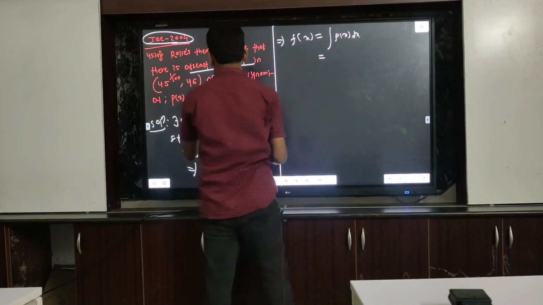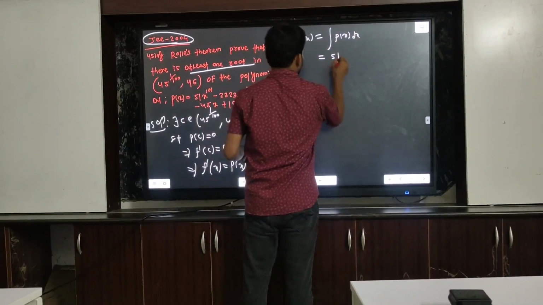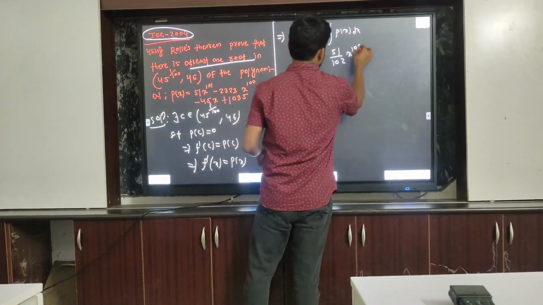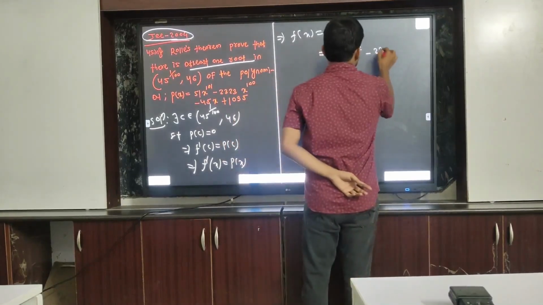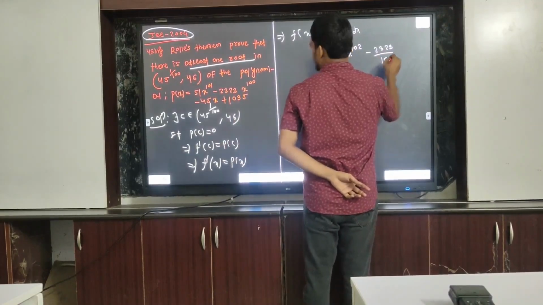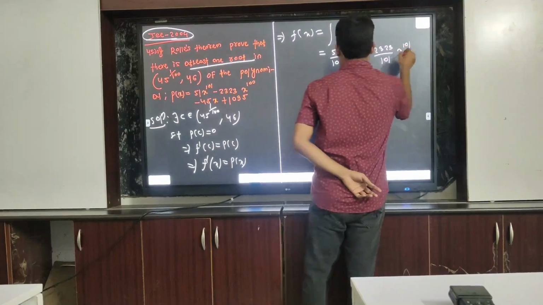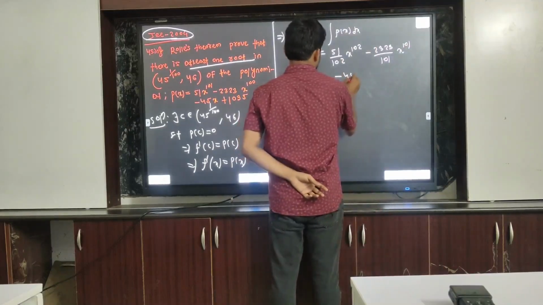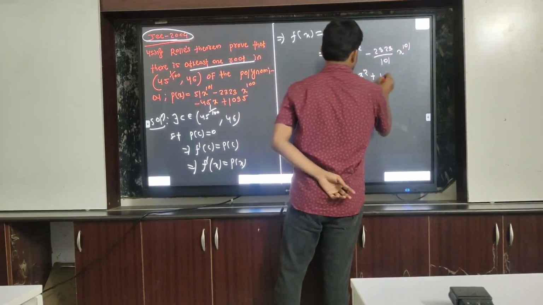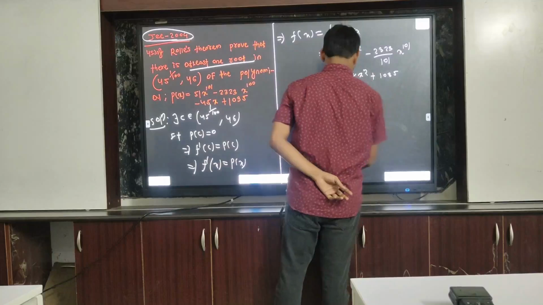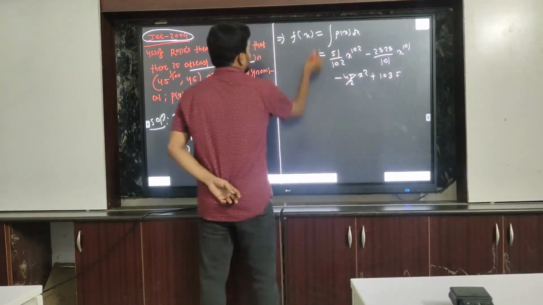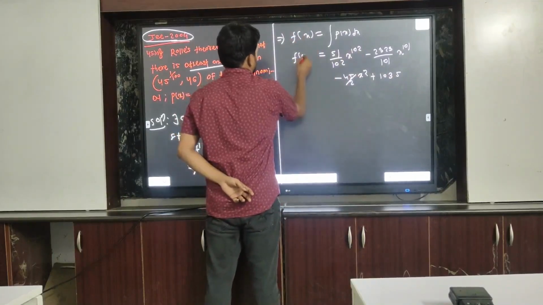Just integrate it: 51 by 100 x to the power 102 minus 2323 by 101 x to the power 101 minus 45 by 2 x square plus 1035. This is your f of x.